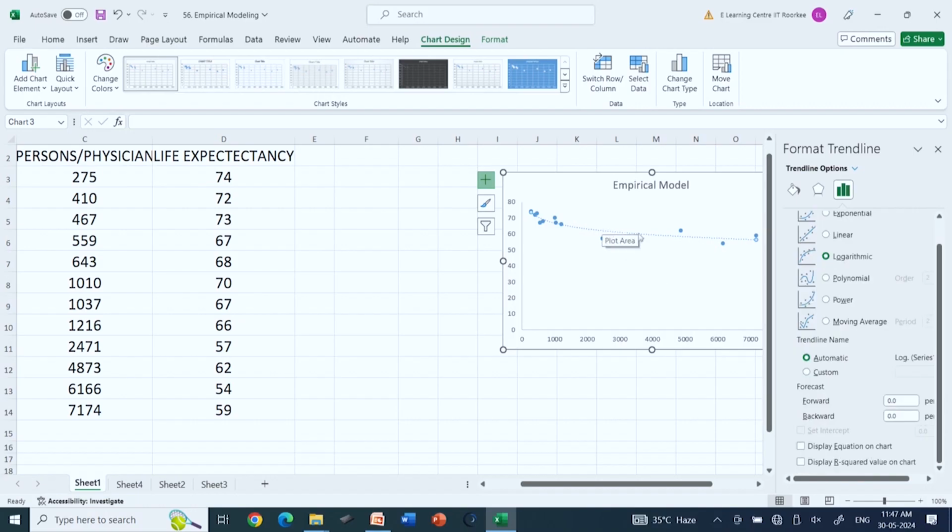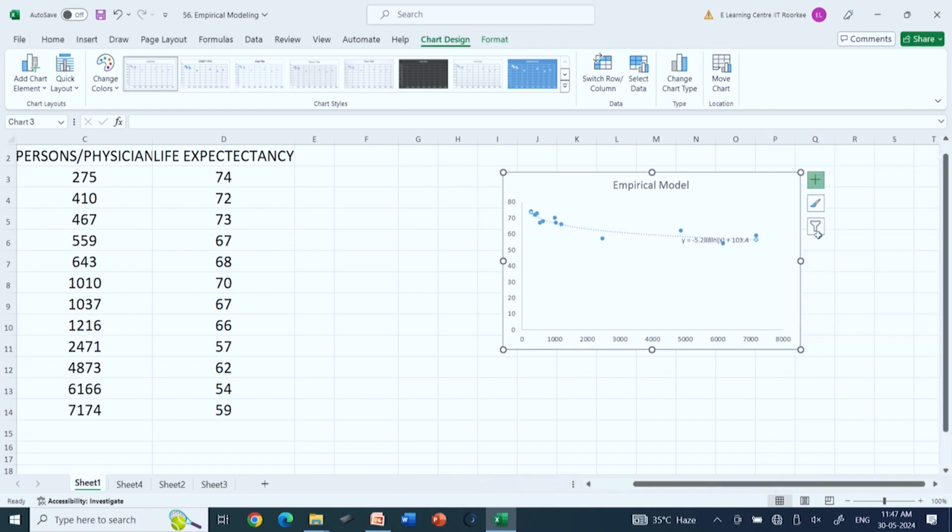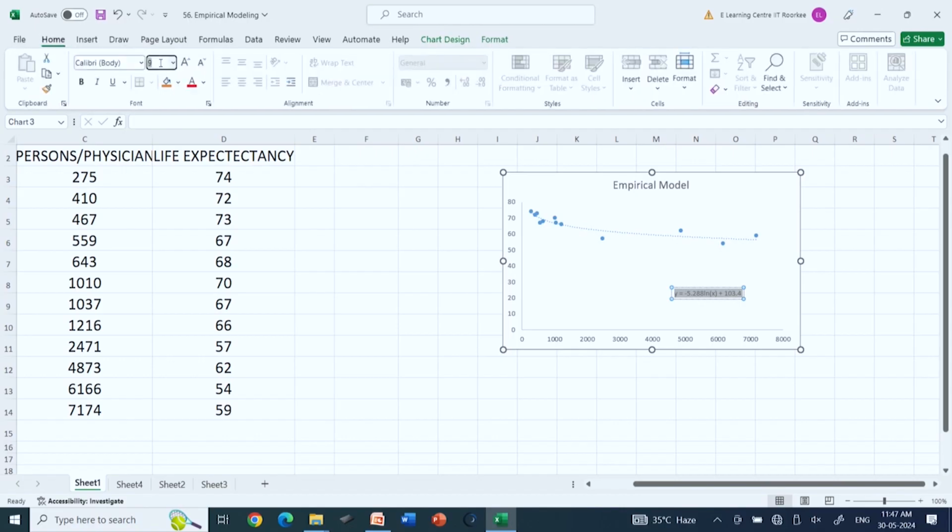So, the line which has been chosen is logarithmic, which is of the form y equal to a plus b ln x, but I do not know the values of a and b, but this display equation will actually give you the equation. So, if I click this, I get the equation. I take it here, let us make it a bit bigger, say 16. Yeah, now you can see.